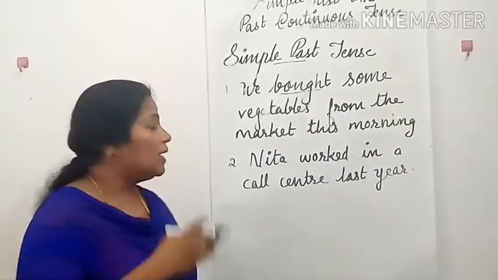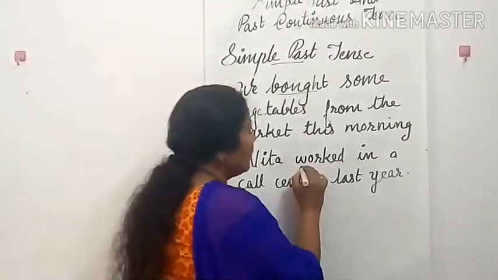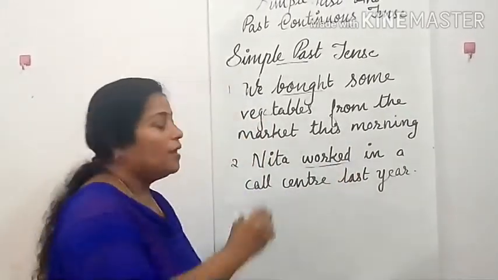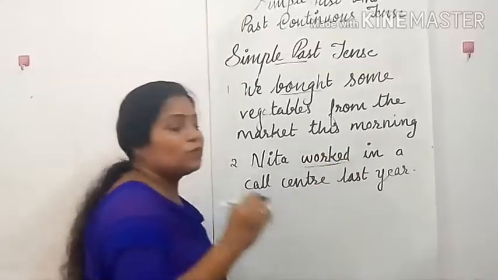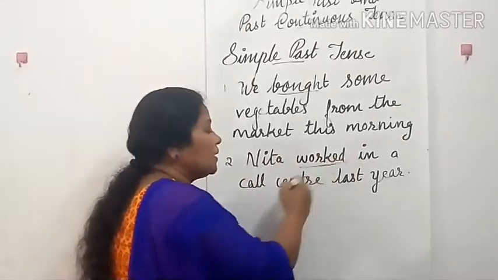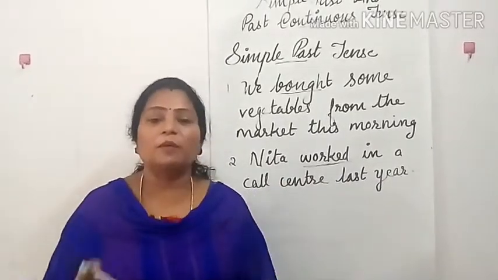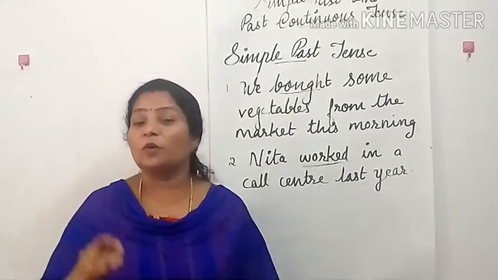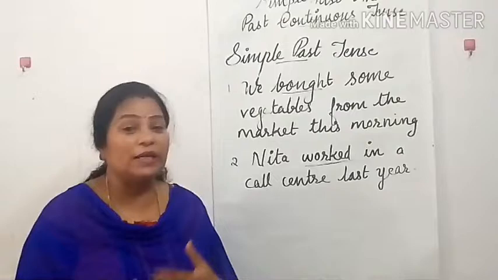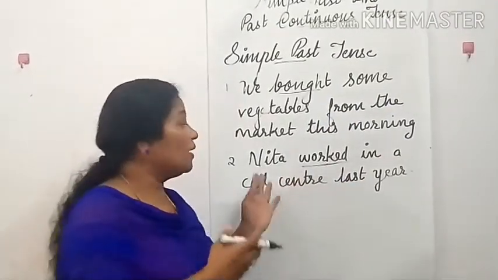The next one is Nikethan worked in a call center last year. So here we have the past tense, that is, simple past tense, worked. Okay. Since it has ED with it, we come to know that this is in the simple past tense. Now, suppose this is our present year, 2020, and somebody asks about Nikethan and I say that Nikethan worked in a call center.